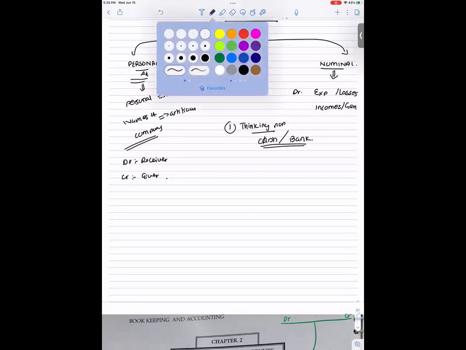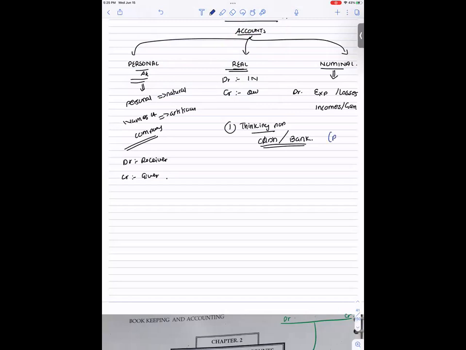Cash or bank we treat as which account? Real account. And the rule for it is what? If it is coming in, it will be debited. If it is going out, it will be credited. This is the first thinking point.